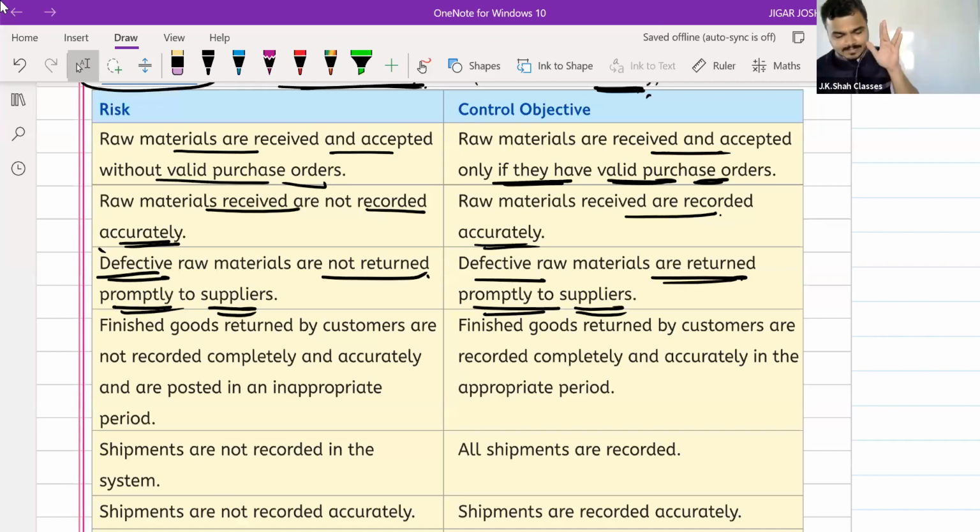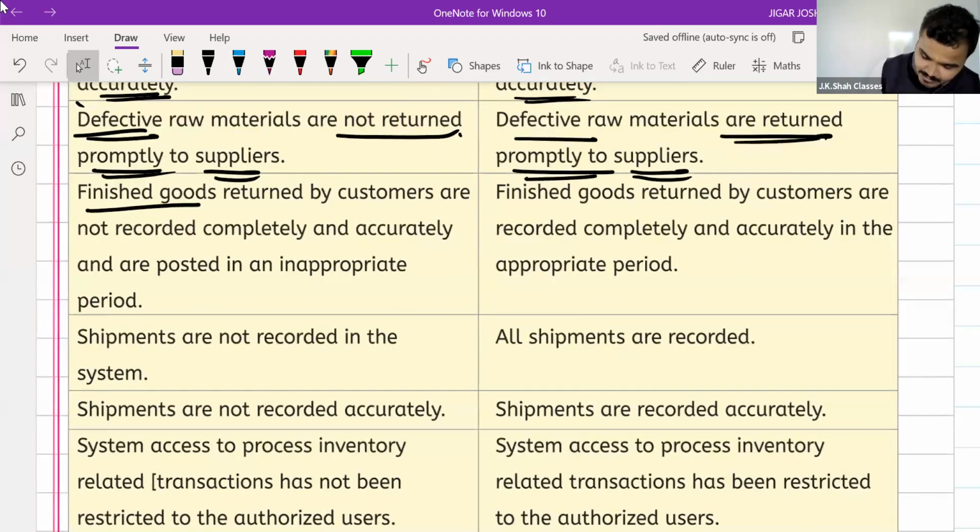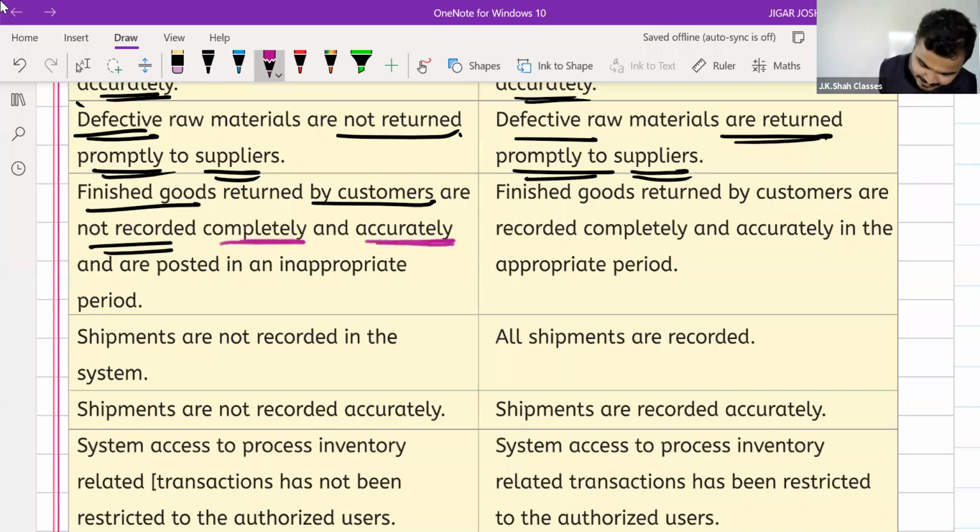There are three points here, and you can divide them and make three extra points also. Finished goods returned by customers are not recorded completely, not recorded accurately, and are posted in an inappropriate period.